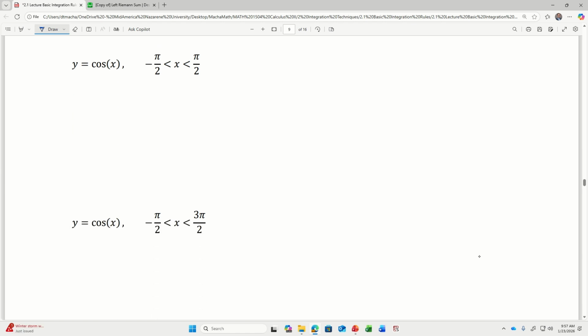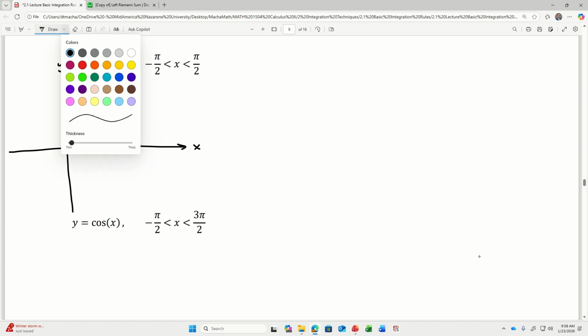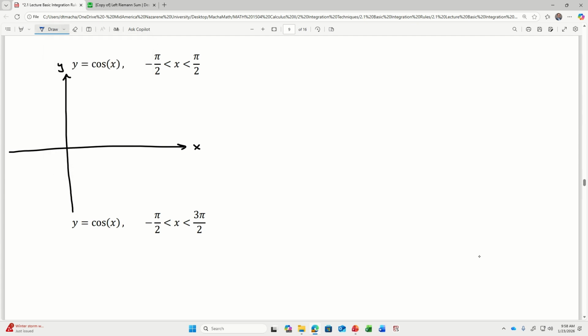But if I want to know about the curve y equals cosine of x and the area between the curve cosine of x and the x-axis, well, here's my function cosine. What is this location on the x-axis right here, where the value of the function is 0?